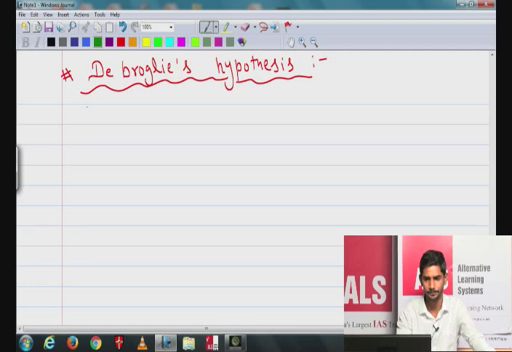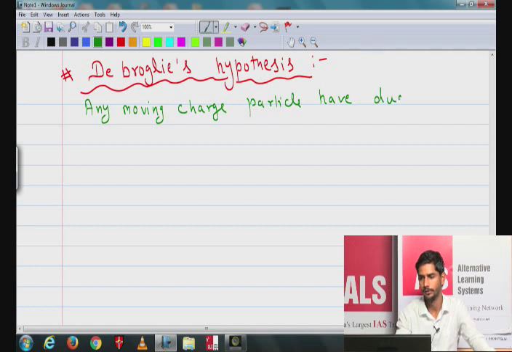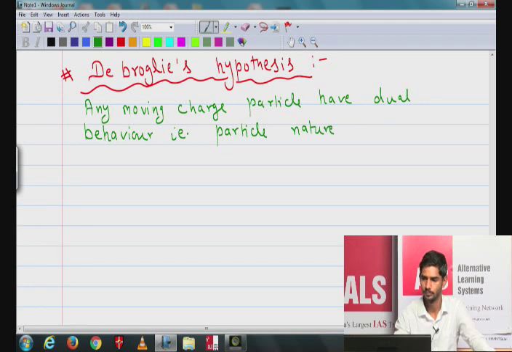It says that any moving charged particle has dual behavior, that is, particle nature as well as wave nature.